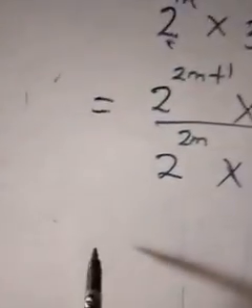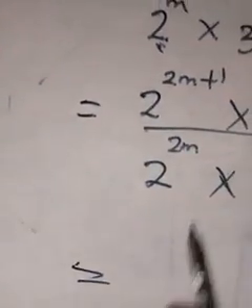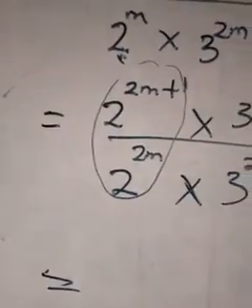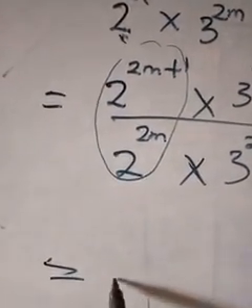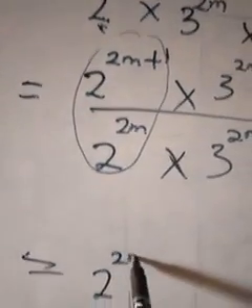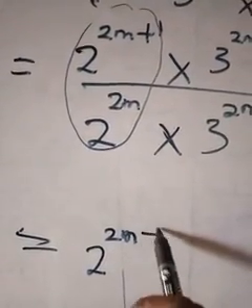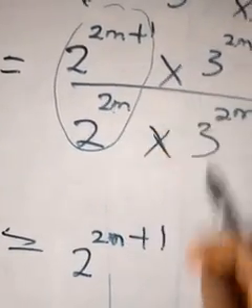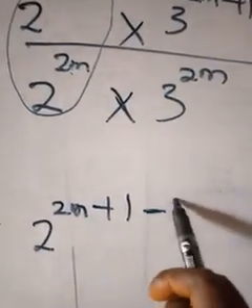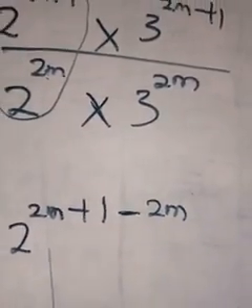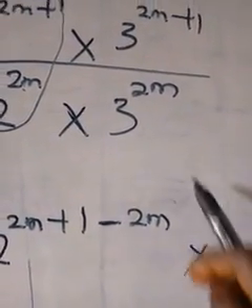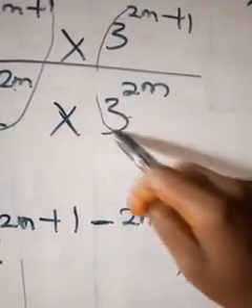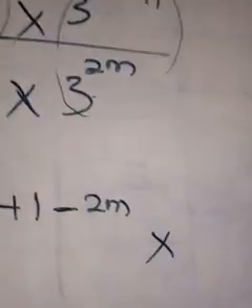Then we continue. If you look at this, it is division of numbers with the same base. That will give us 2 raised to power 2m plus 1, then this 2m will go up, that will give us minus 2m, times, if you also look at this, it is division of numbers with the same base.